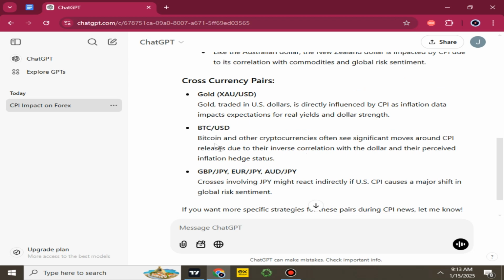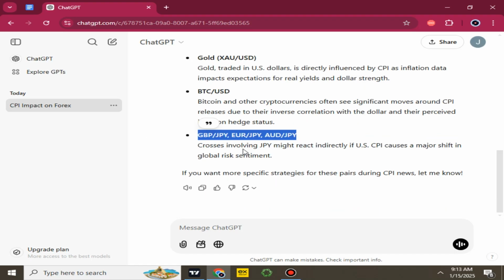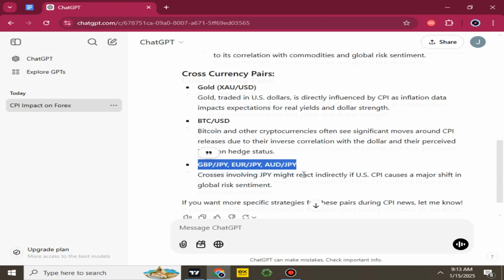I'm talking about gold, BTC, the GBPs, and in fact, let's just say XJPY. Those are crazy pairs that get affected by CPI or even NFP. I'm talking about the US NFP or US CPI.